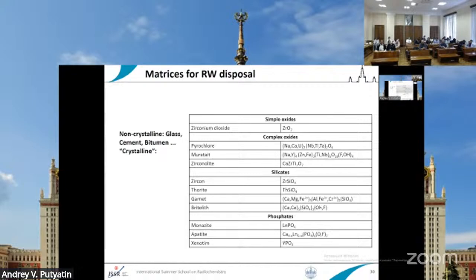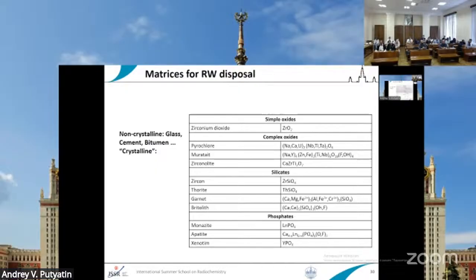So, as we saw, there are several barriers against radionuclide release into the environment. One of them is the geological media. Another important barrier, an engineered barrier, is the matrix for the radioactive waste.